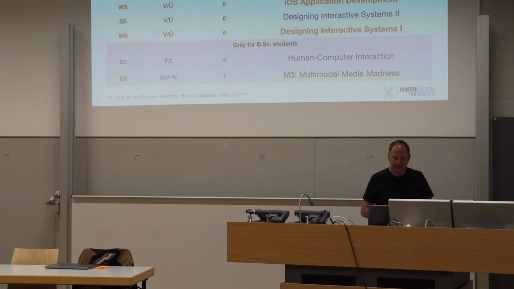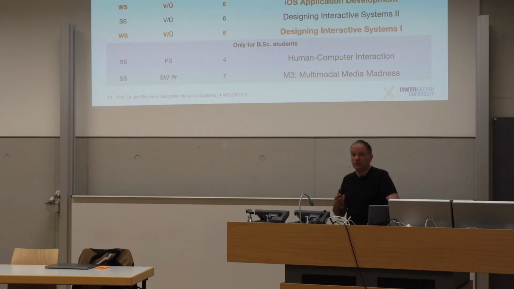Then we have Current Topics in HCI. That's a research class. That is a class that definitely is for people who are interested in doing their thesis with our lab, for example. And there you learn basically two things. On the one hand, we talk in depth about how HCI research works, because research in human-computer interaction is actually a bit different from most of the research that you do in other areas of computer science.